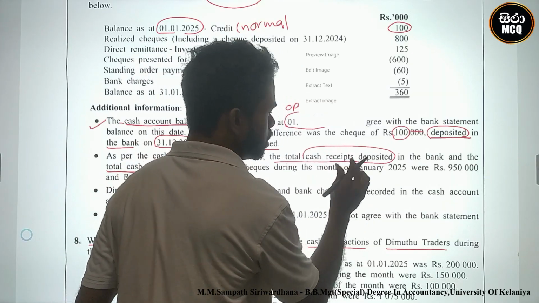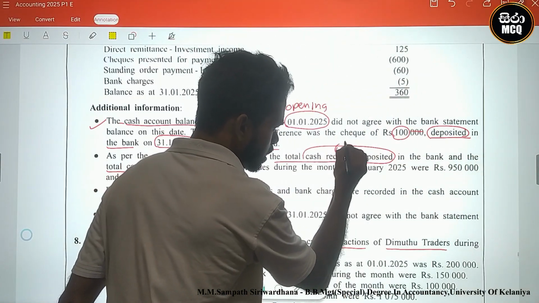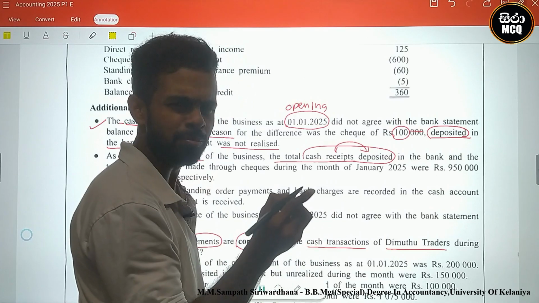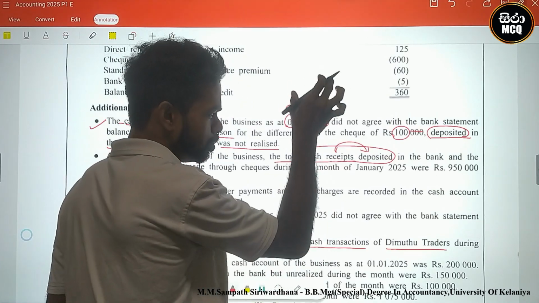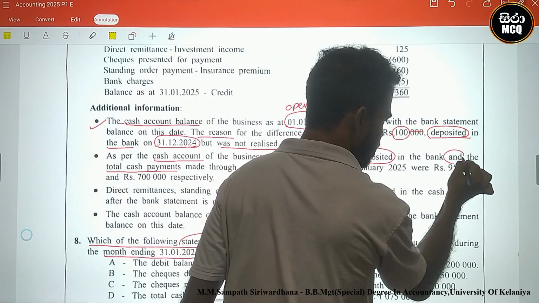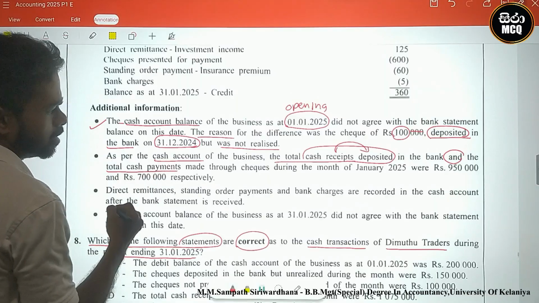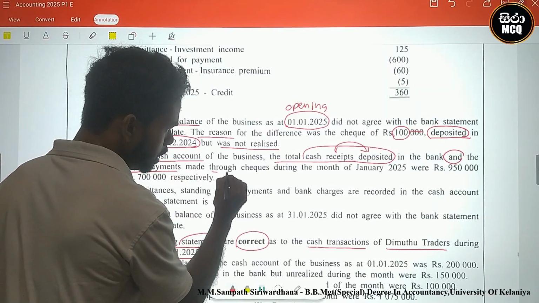All cash received you must deposit in the bank account. Cash received is deposited in the bank, and the total cash payments are made through checks.